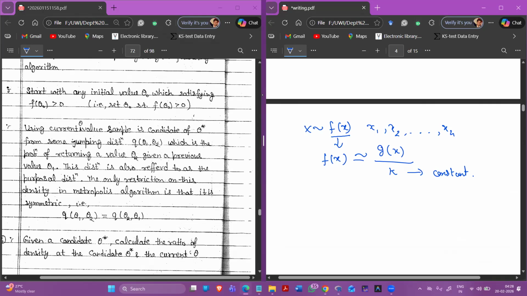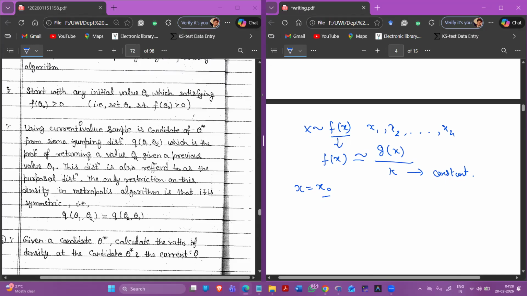My x follows the density function fx, but I cannot generate a random sample x1, x2, ..., xn directly from fx. So I approximate fx in the form of gx divided by k, and I will start with some initial value of x naught, which I give from my side.